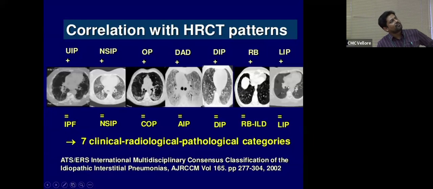And on the far right is your LIP pattern. This LIP pattern has cysts, septal thickening and peribronchial thickening, with some nodules also. So NSIP is the most common pattern, followed by UIP and LIP. LIP is most specifically seen in Sjogren's actually, but you should know these patterns for understanding.